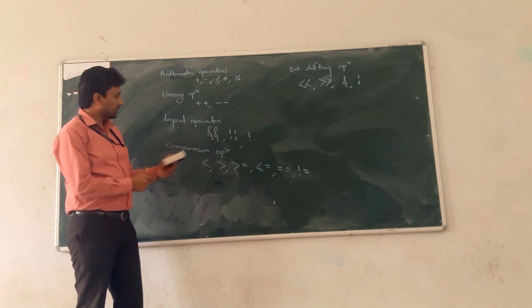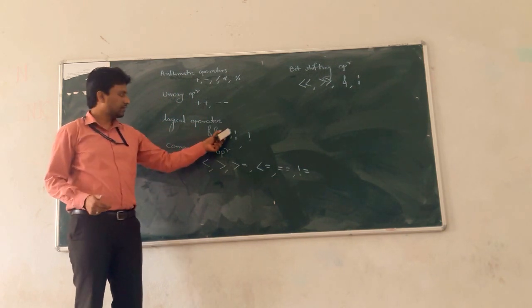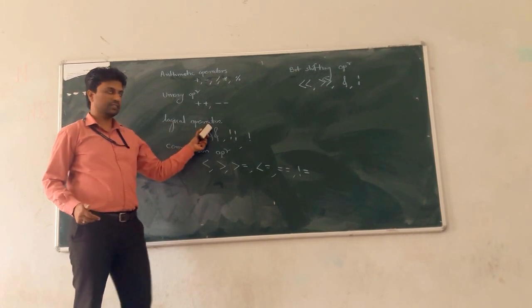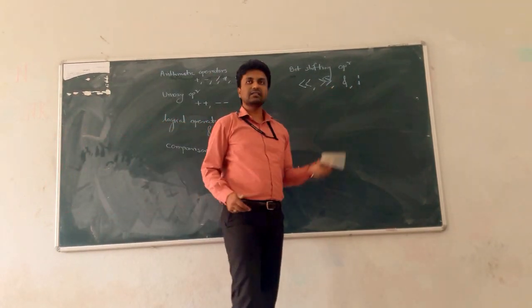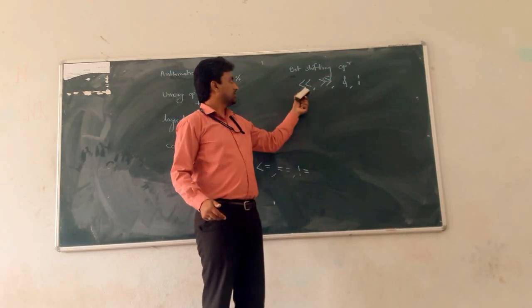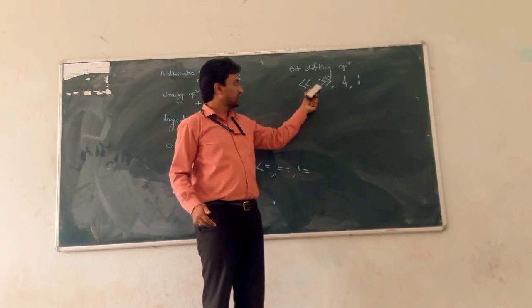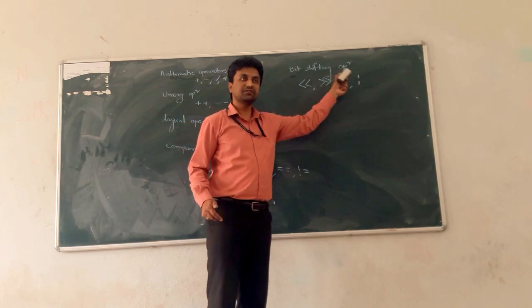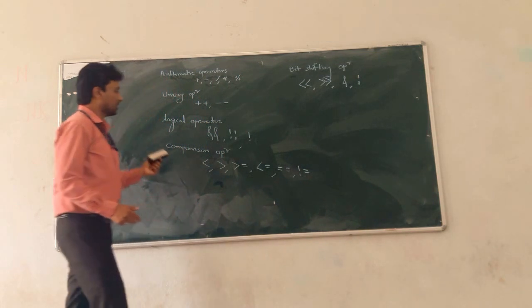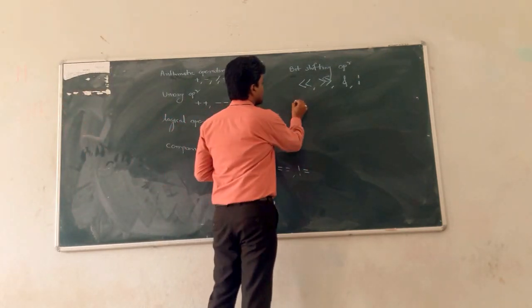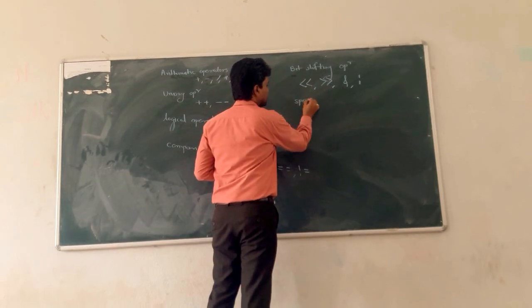Here, and double pipeline is called logical operators, and single pipeline and is called the bit shifting operator. This sign is called left shift, right shift, and, or bit shifting operators. Clear?